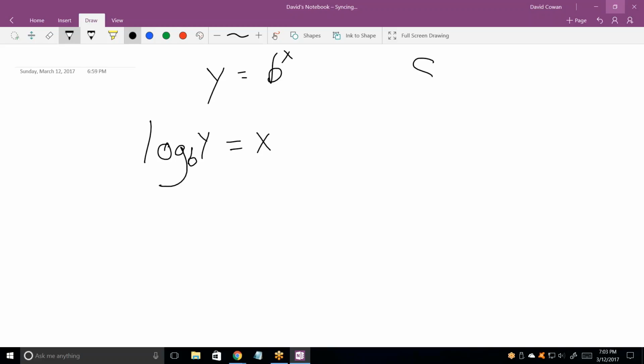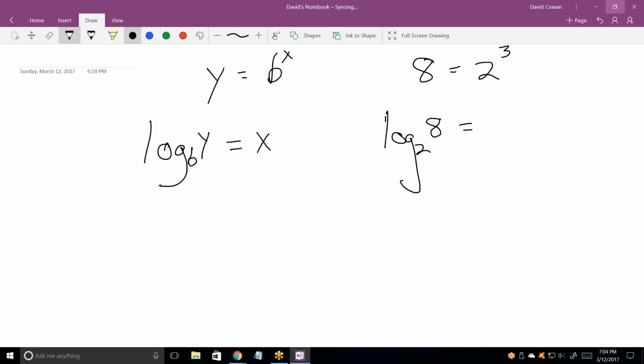An example: 8 equals 2 cubed. Write the logarithmic expression of that. Let's see. Log base 2 of 8 equals what? 3. The way you verbalize this is log base 2 of 8.